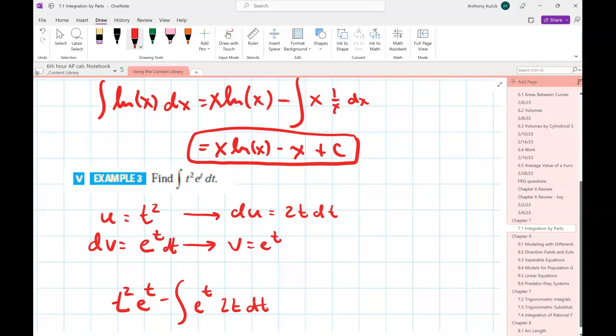What do you think? Do you know how to do that integral that we're left with? How do you do?